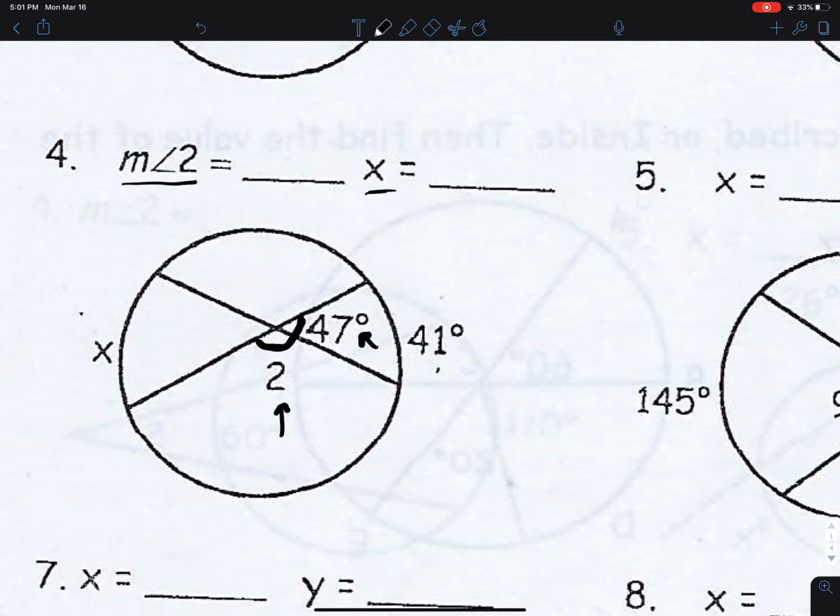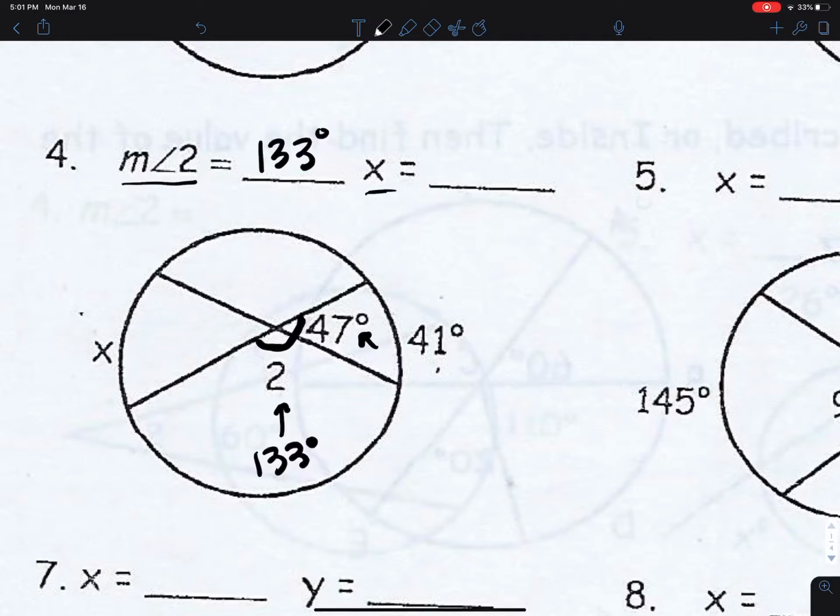So I'll give you a second to do that. So we would just do 180 minus 47, which gives us 133 degrees, not 130, 133 degrees for the measure of angle 2.